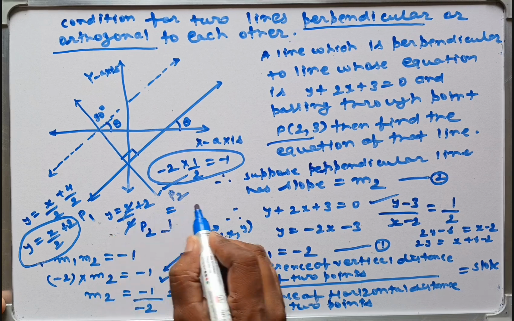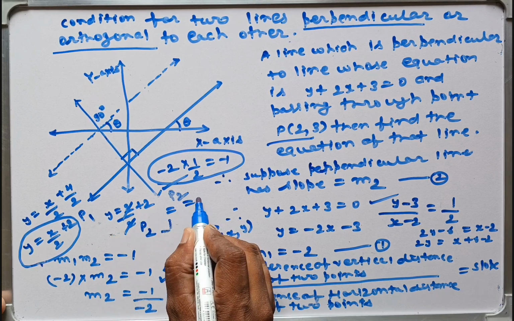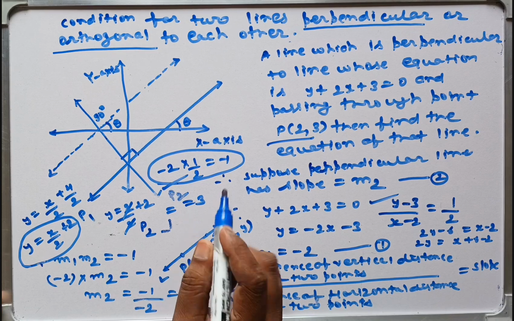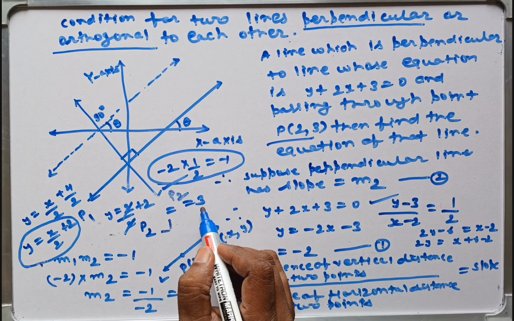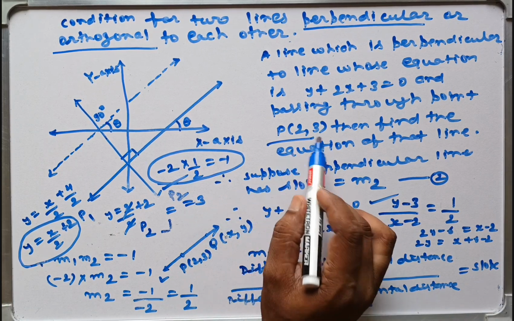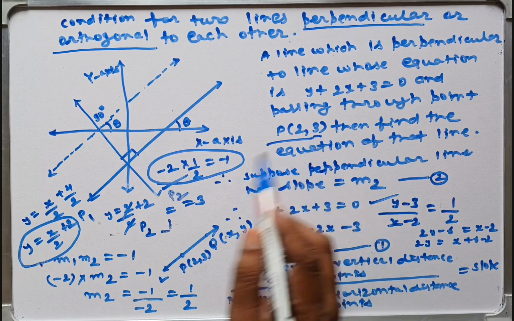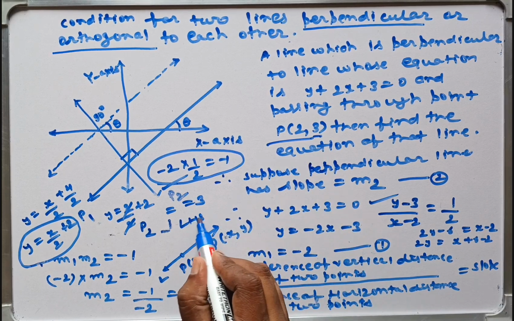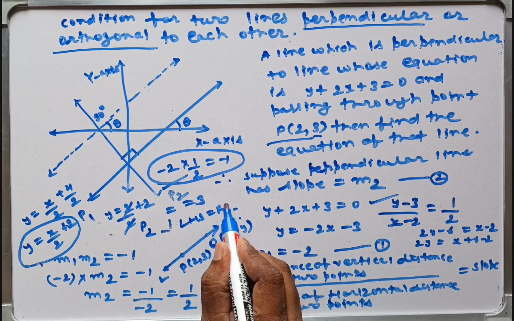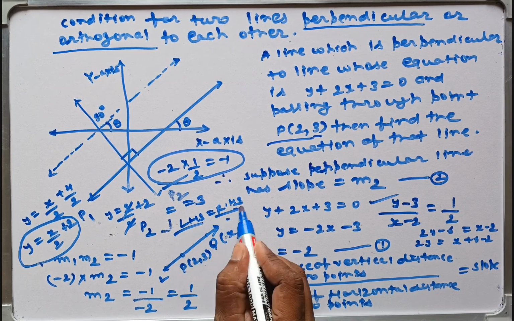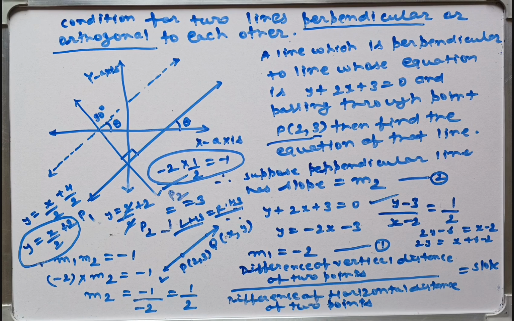Okay, the 2s cancel out, and this will become 3. So y equals 3. So this value is satisfied here. So the LHS and RHS values are the same. Okay, so this is the method by which you can check whether your result is correct or not.